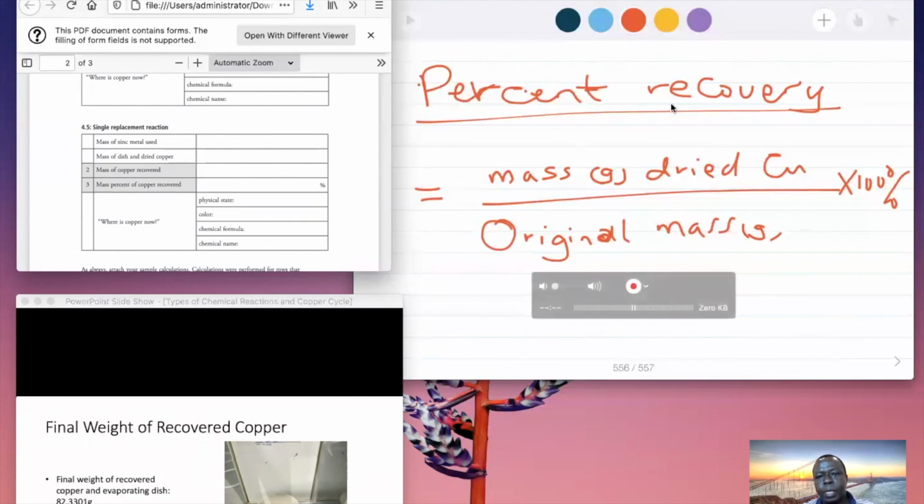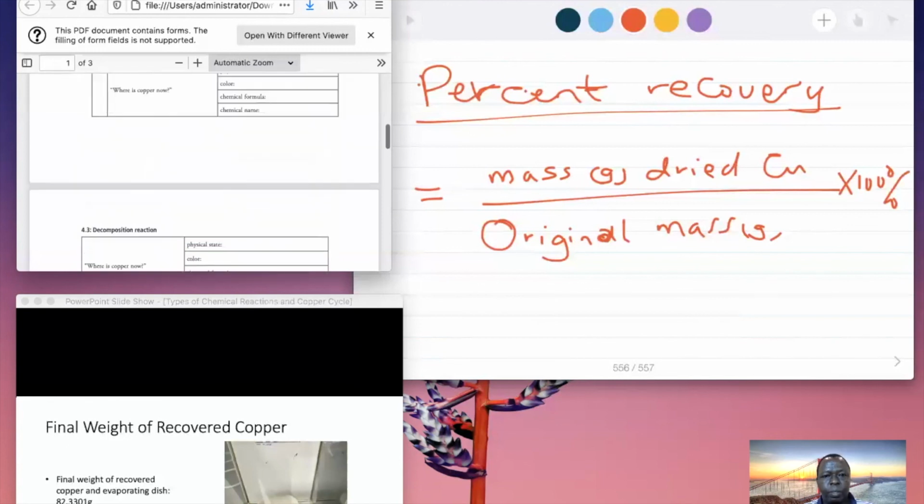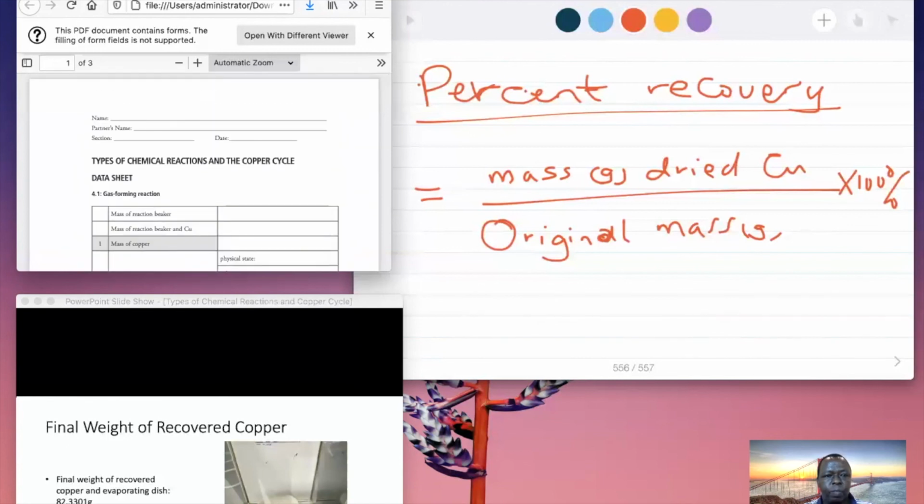In our percent recovery here, line 2 will be at the top, the mass of the dried copper. The original mass will be given by line 1. Line 1 will be the original mass of copper times 100%.